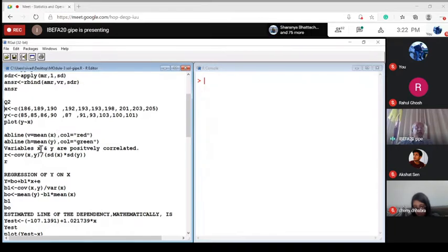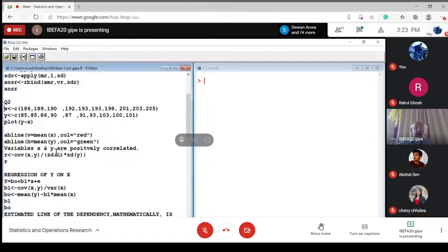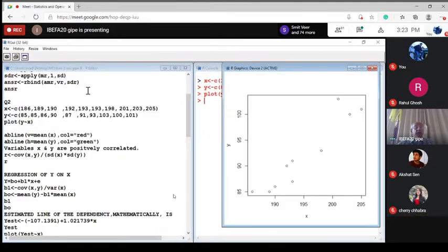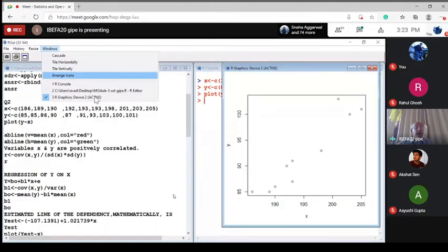Weight of the football player is Y. Height of the football player is X. I have plotted the data and I got a very good graph, positive correlation.